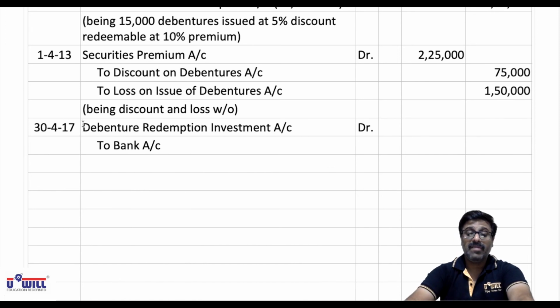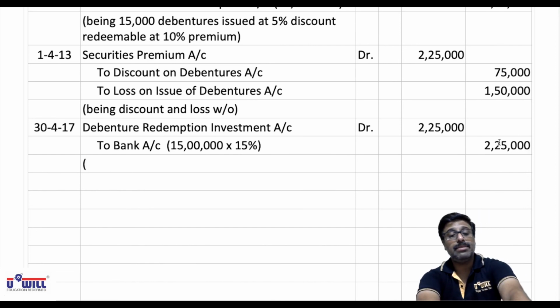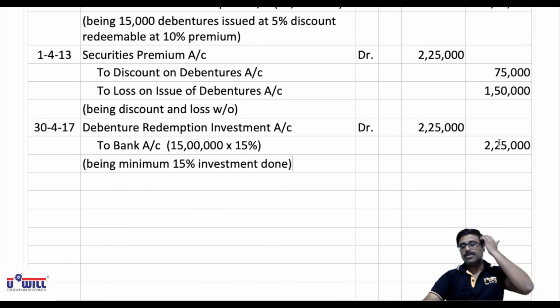Minimum 15% of that must be invested, so that comes to 2,25,000. 15 lakhs into 15%, 2,25,000 must have been invested by 30th April before the redemption begins. Being minimum 15% investment done.